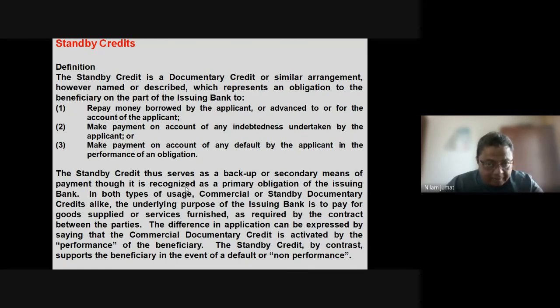In the standby LC, is the exporter saying that I shipped the goods, I have performed? Is that how he's asking for the money? No. He's not saying I performed. He's only telling the bank the importer who has to pay me has not paid me for 3 shipments.